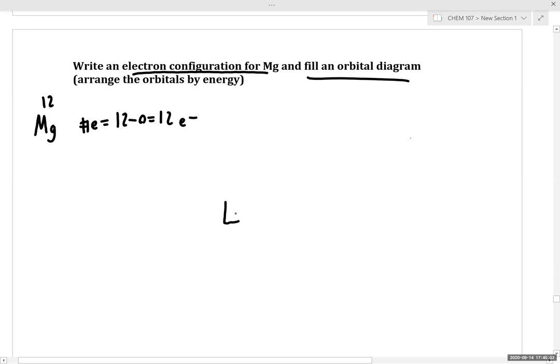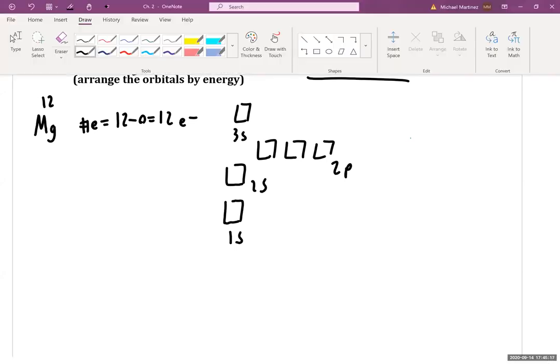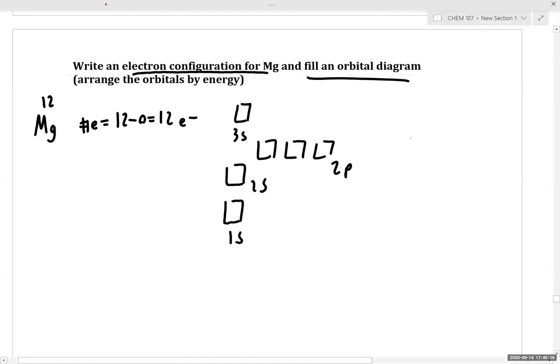Perfect. Now we write out our orbital diagram. So we have 1s, 2s, 2p, 3s. And now we take our 12 electrons and we fill our orbitals from the lowest to the highest energy. So we fill our 1s orbital, we use up 2 electrons, we have 10 remaining.